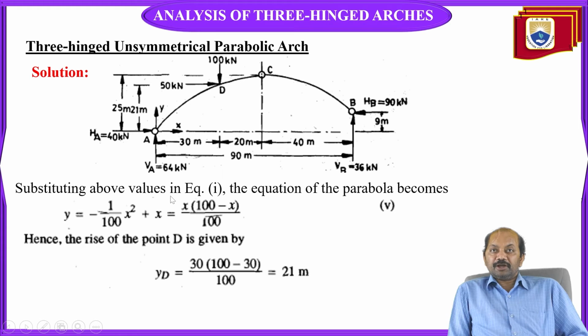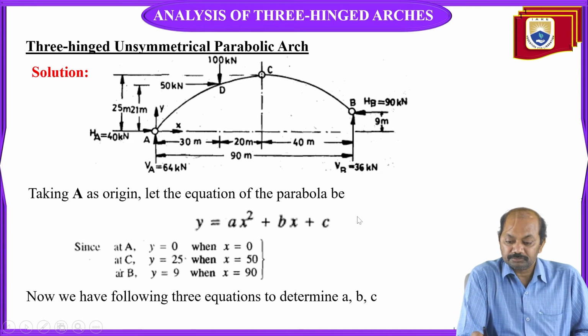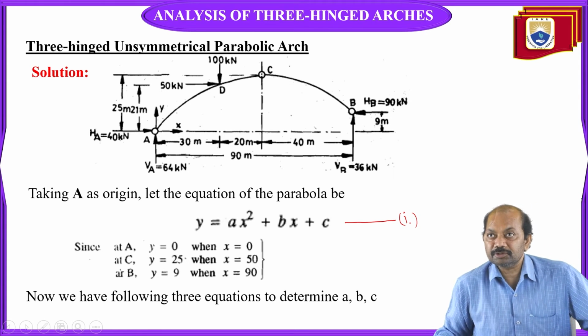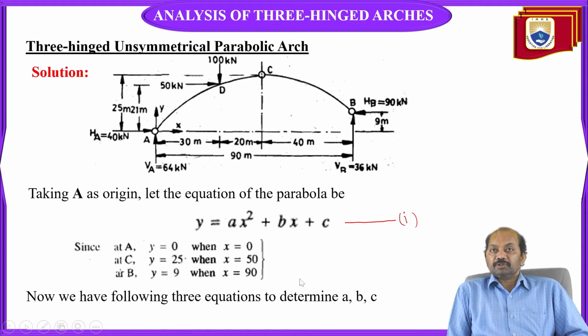By substituting the above values in equation 1, the equation of the parabola becomes, now you substitute here, this is equation 1. Substitute the values of a, b, c in equation 1.